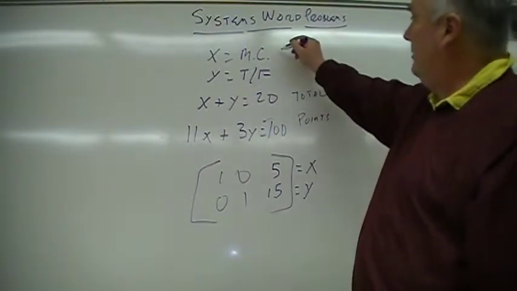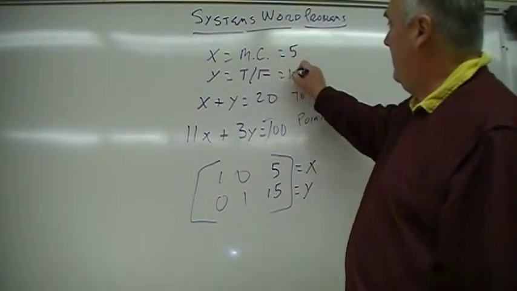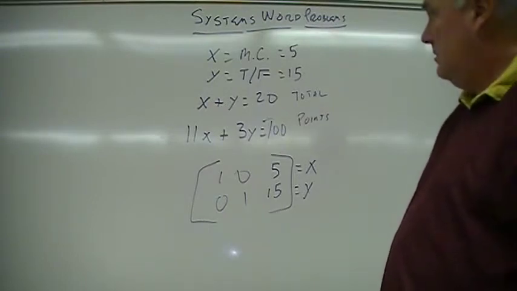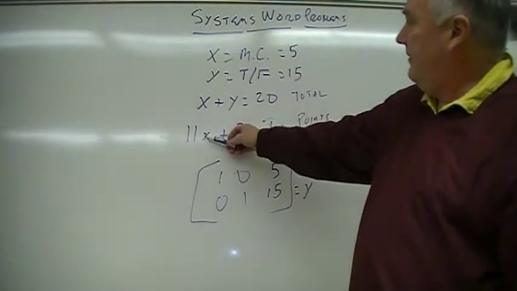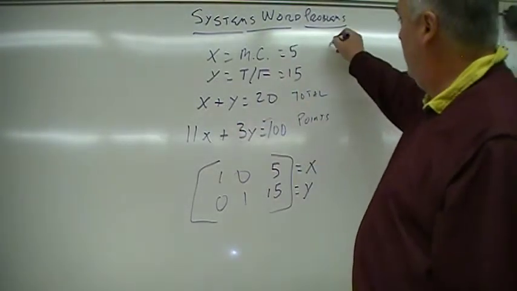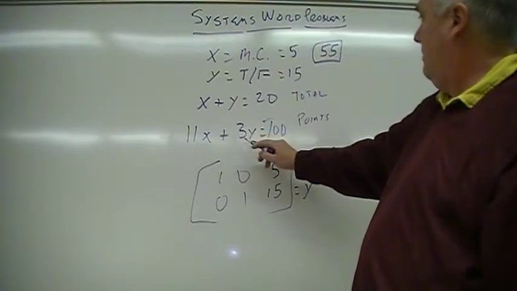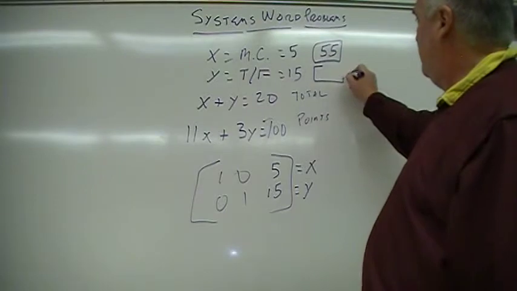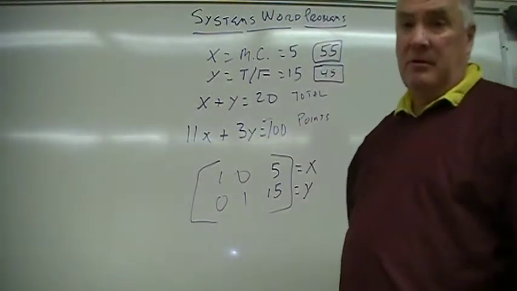There were 5 multiple choice questions and 15 true-false questions. 5 plus 15 is 20. 5 times 11 gives us 55. 15 times 3 gives us 45. And 55 plus 45 does equal 100.